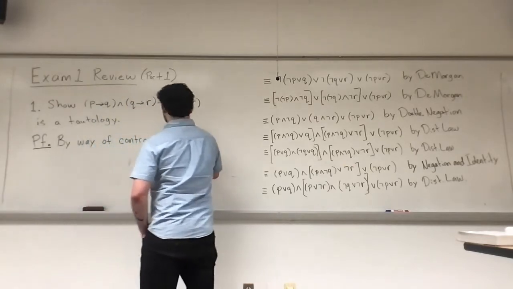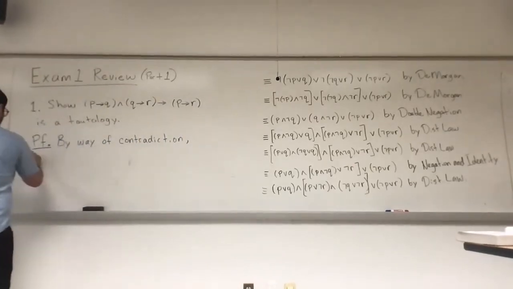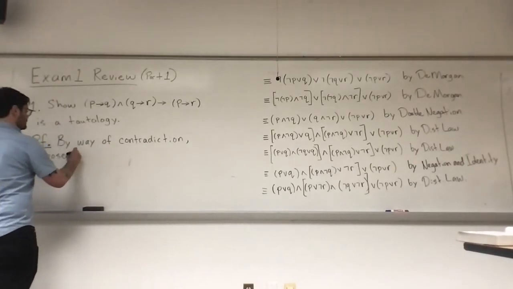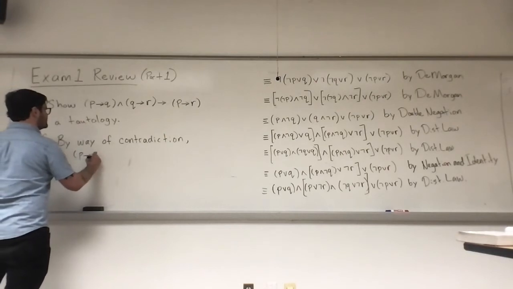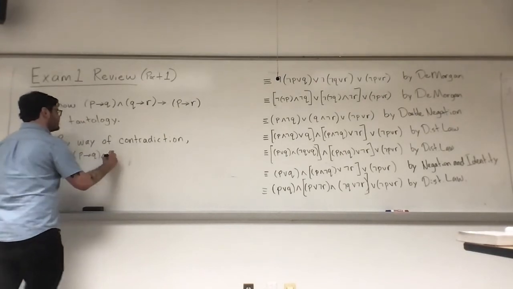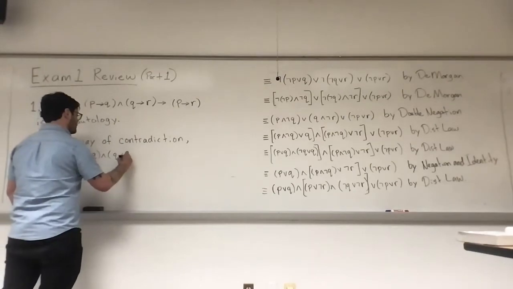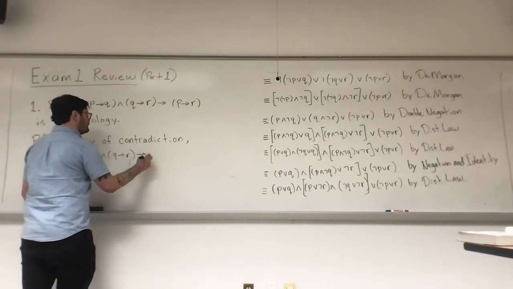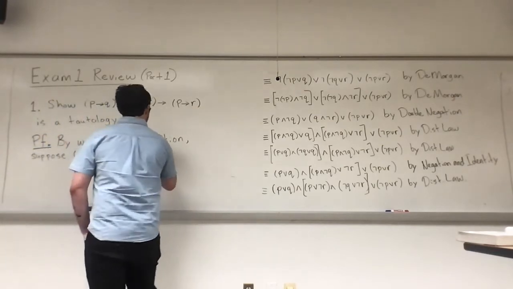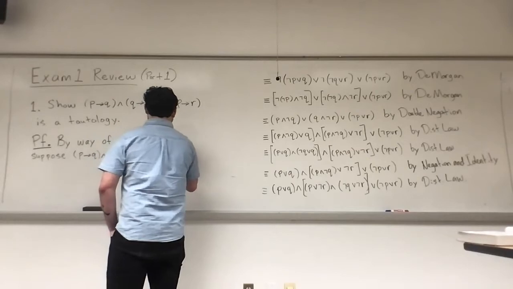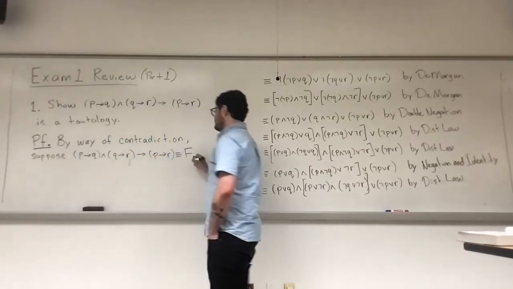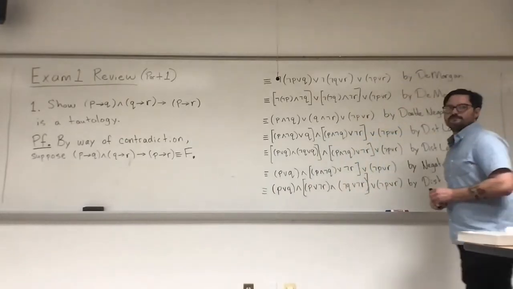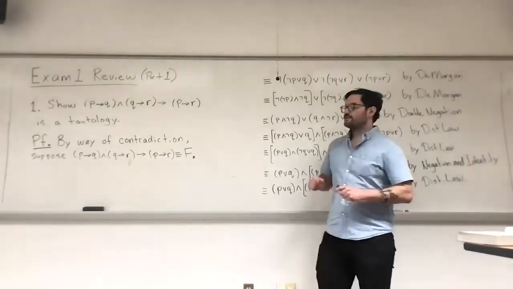So, by way of contradiction, suppose that if P then Q and if Q then R implies if P then R. Suppose that's false.